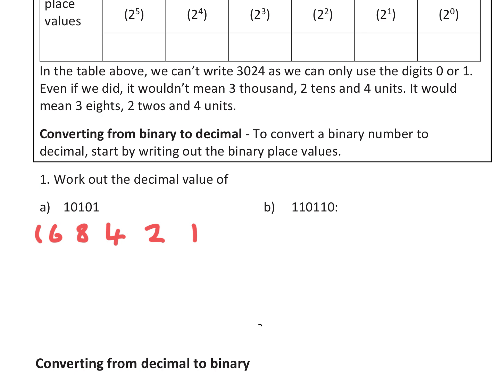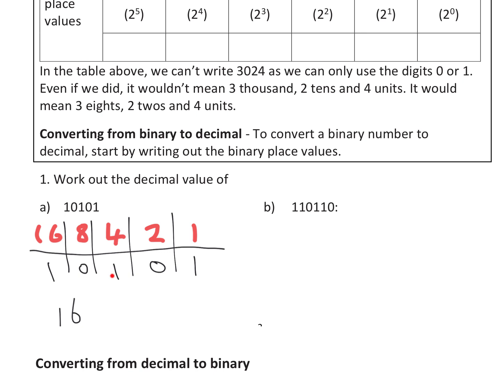You could, if you wanted to, to make it easier to see, put a little line here in the box. We've got the number 10101. So this 1 is not representing 10,000. It's not 1/10,000, it's actually 1 16. So we've got a 16 there. The 0 means we've got no 8s.